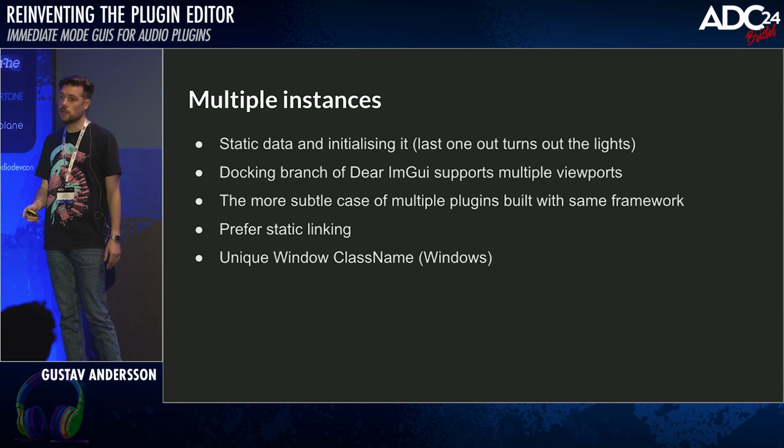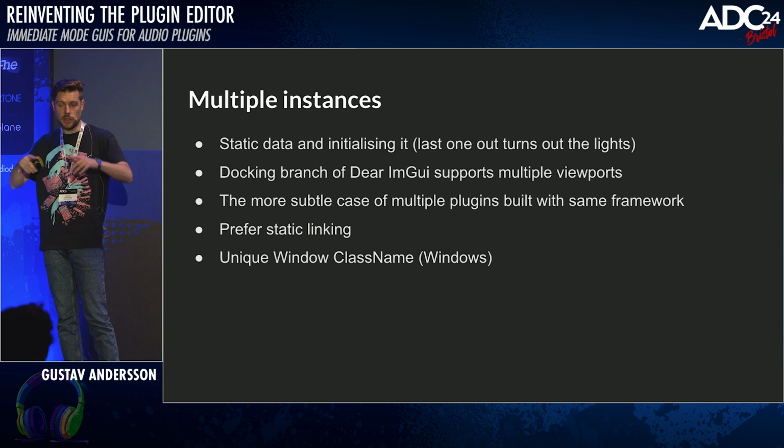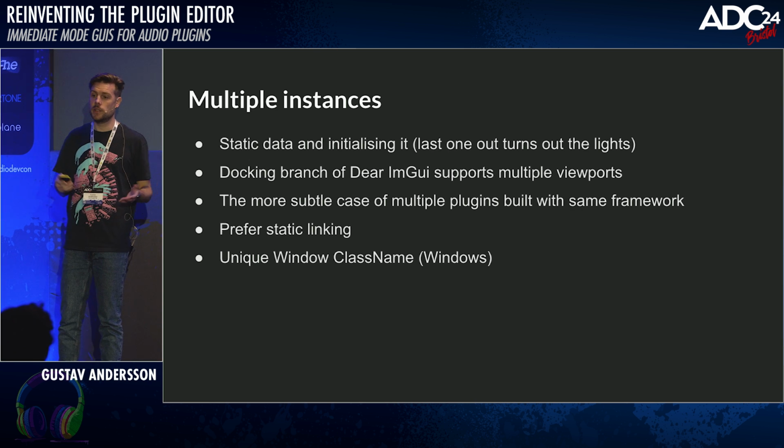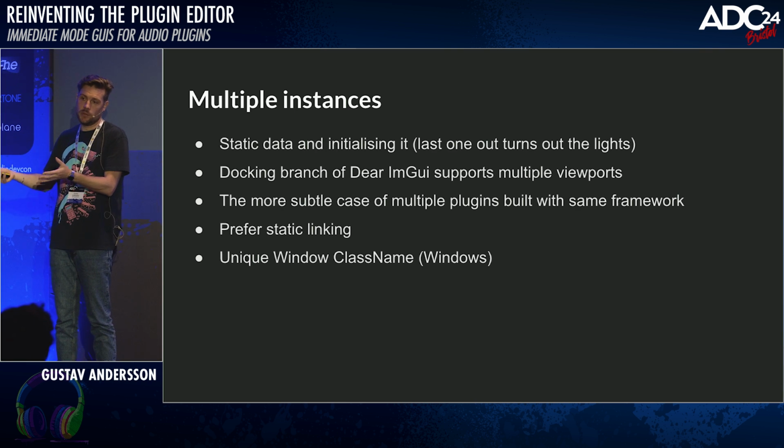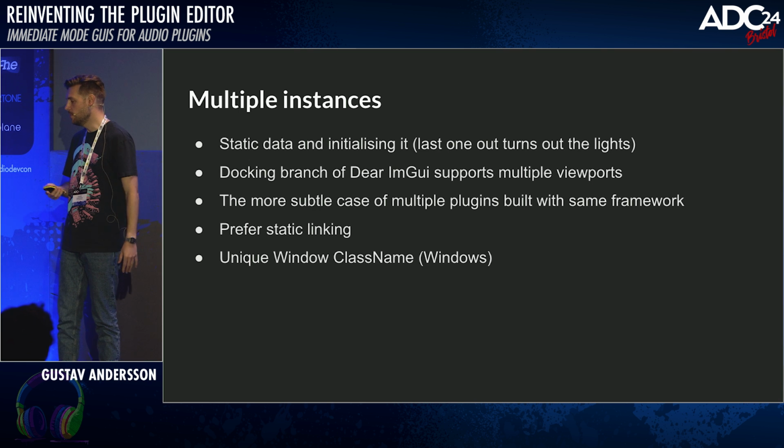Specifically on Windows, there is a thing with where you install the window callback. You do this by registering a window class, and this window class needs to have a unique name. If you use something like GLFW, it has a hard-coded window class name, which means that your second plugin will have the same window class name as your first one, and then you'll run into some collisions.